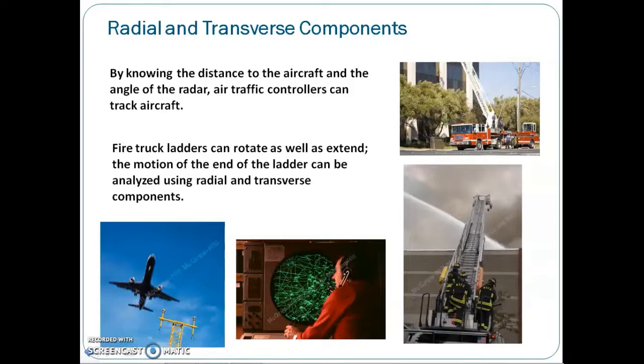Another example is the fire truck ladder, which can rotate as well as extend. The r changing, rotation is the theta changing. Then the motion of the end of the ladder can be analyzed using these radial and transverse components.